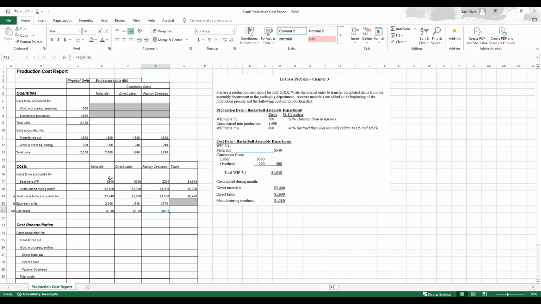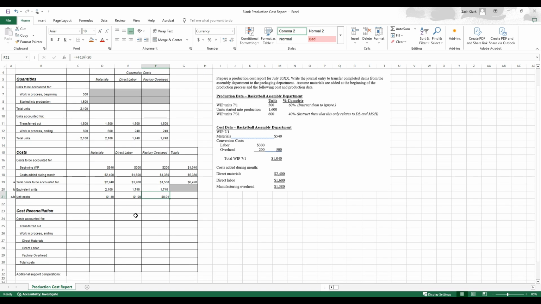So we're going to use that to calculate both how much cost transferred out and how much cost is still sitting in finished goods.